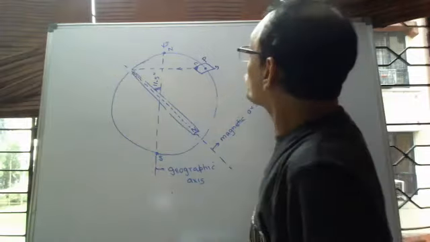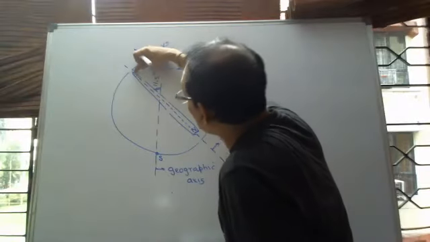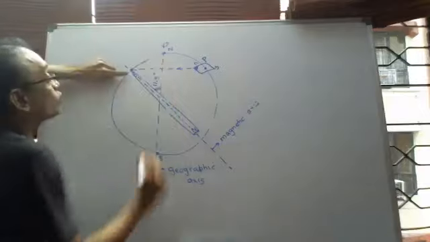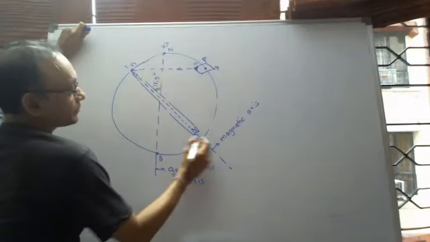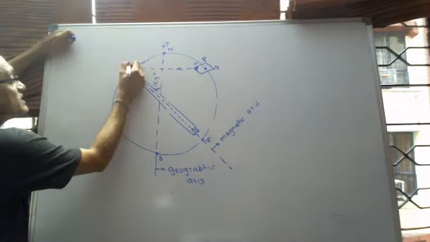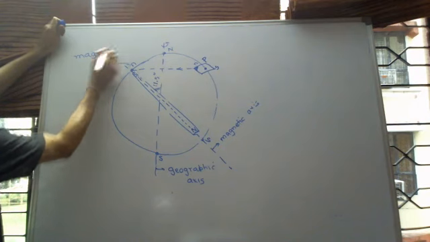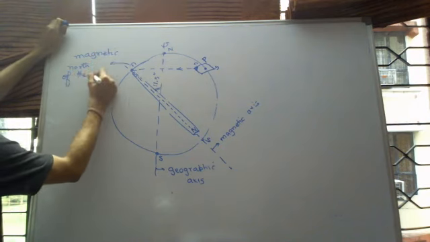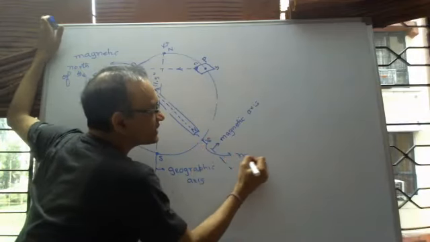So this was my geographical north, and the south pole of this magnet, this end, we don't call it the south pole of the Earth, we call it the magnetic north of the Earth. This other end we call the magnetic south of the Earth.